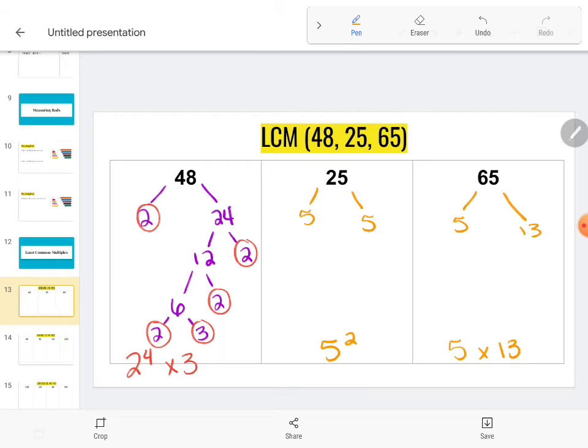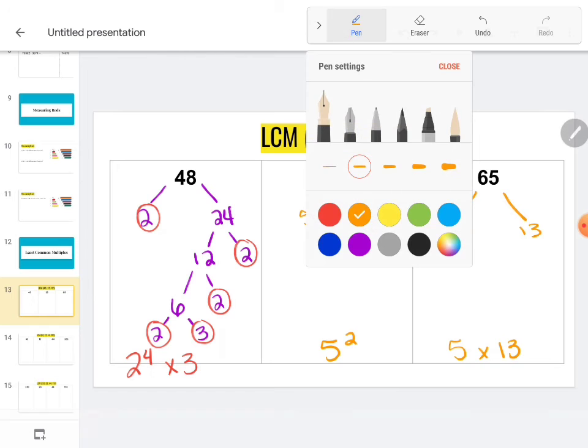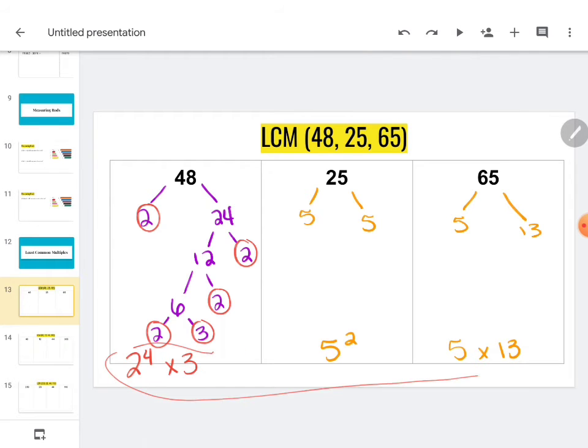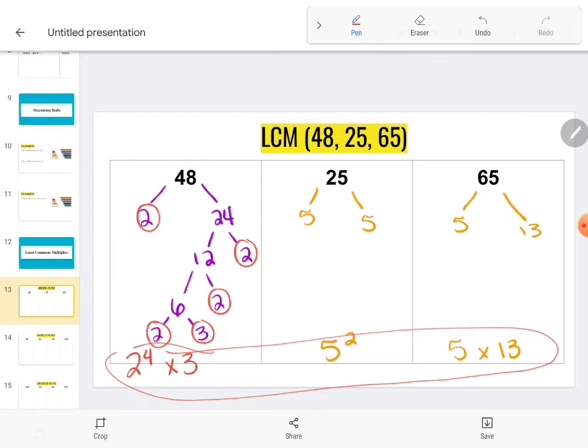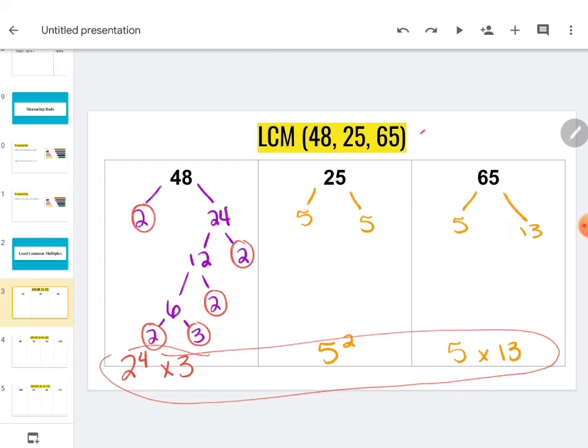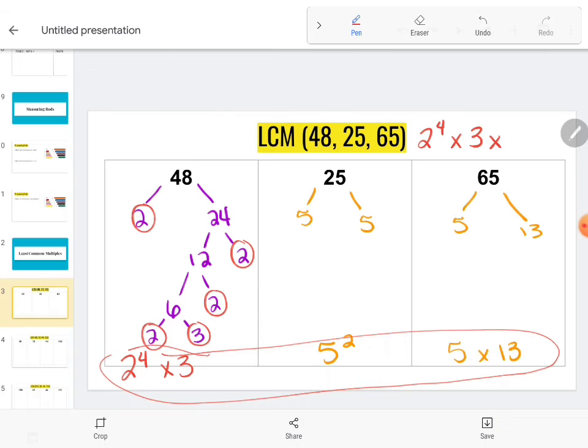And now all we need to do, and this is pretty simple, is multiply all of our problems that we have right here. What I'm going to do is write them up top. We have 2 to the 4th power times 3 times, and if you'll notice, between the problems, we have 5 squared for our problem for 25, and then we have our 5 times 13 for our problem for 65.